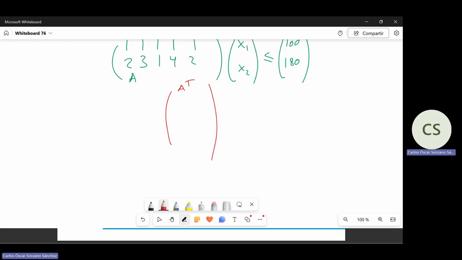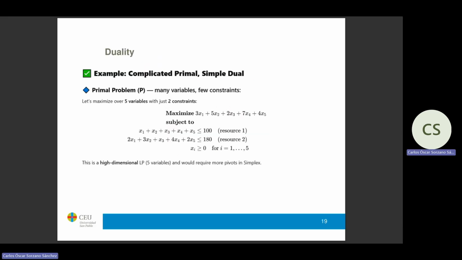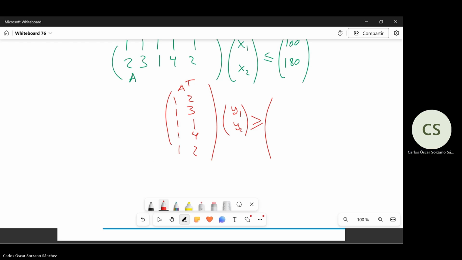A transpose, 1, and then 2, 3, 1, times Y, larger or equal to the coefficients of the goal function. The coefficients of the goal function are 3, 5, 2, 7, 4. So these are our constraints.